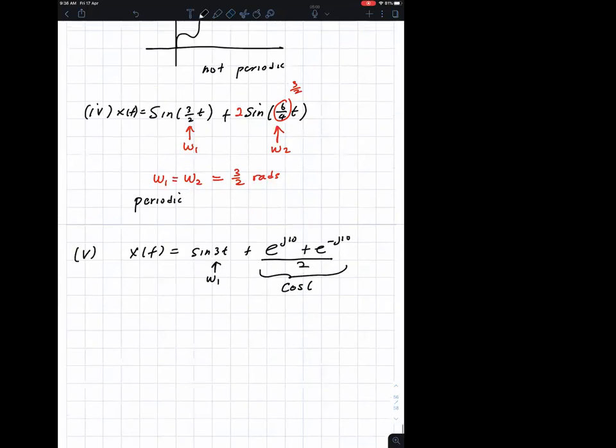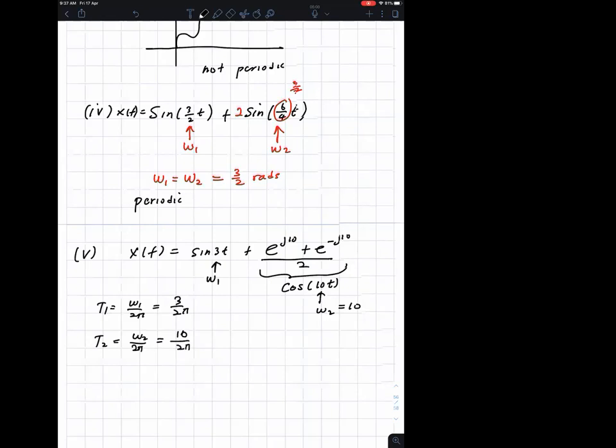So omega 2 is equal to 10. So T1 is omega 1 over 2 pi, which is 3 over 2 pi. T2 is omega 2 over 2 pi, equal to 10 over 2 pi.